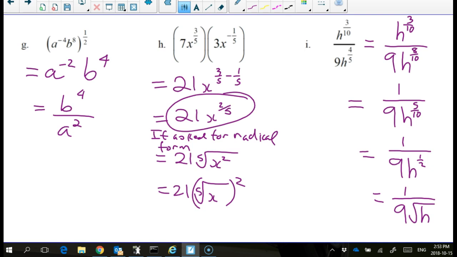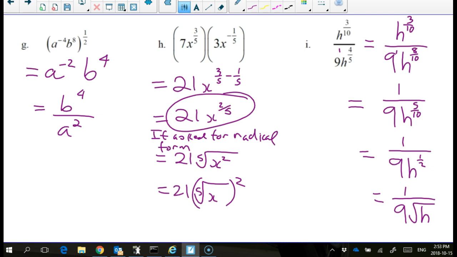The 9 is by itself. There is no exponent on it. Not entirely true: if there's an exponent on the 9, it's a 1. So the 9 is not affected. At best, you could say it's 9 to the -1, so it became 1/9. But the square root here, the 1/2, does not affect the 9.